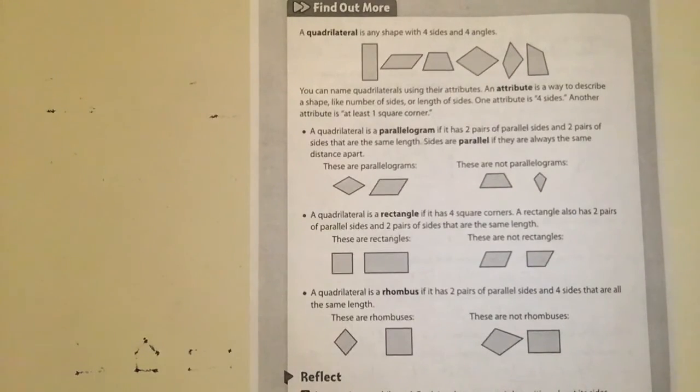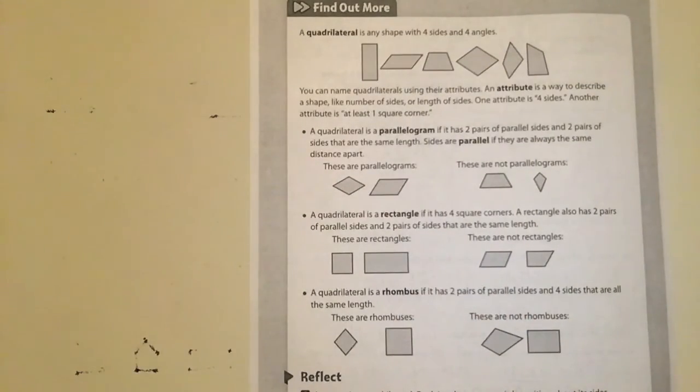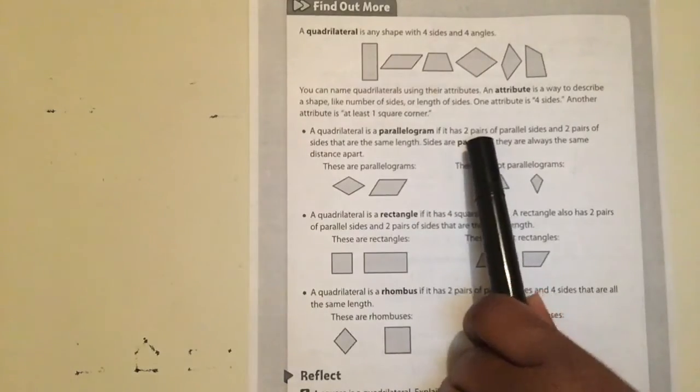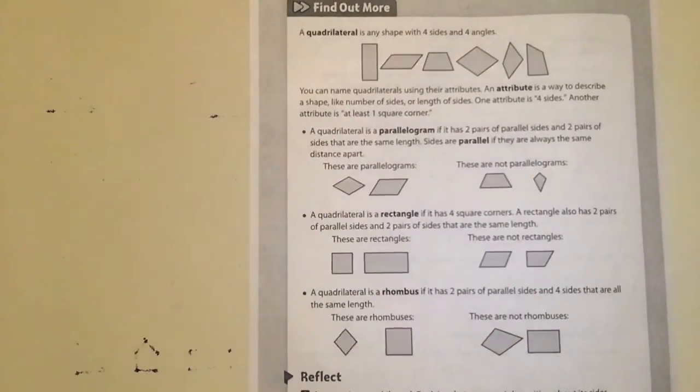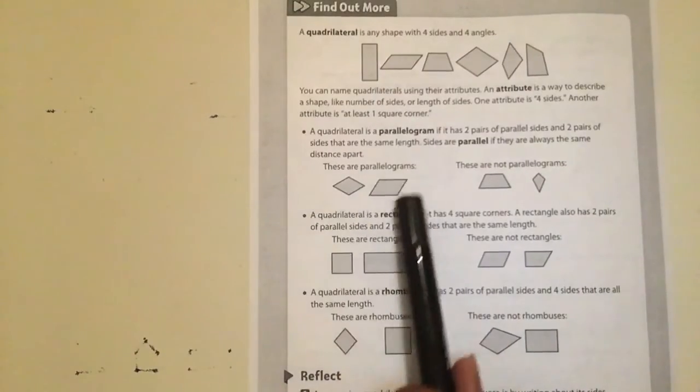All right, now let's get into parallelograms. A quadrilateral is a parallelogram if it has 2 pairs of parallel sides and 2 pairs of sides that are the same length. Now here's a way that I always describe parallel. So parallel lines, now these shapes right here are parallelograms.